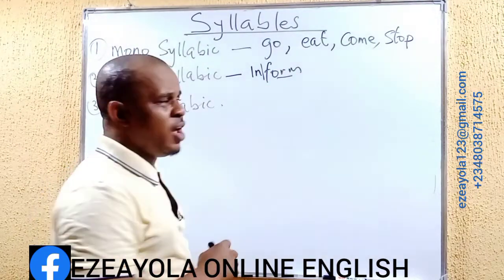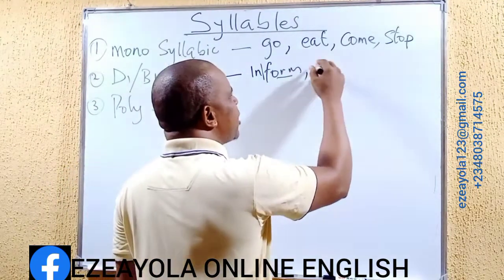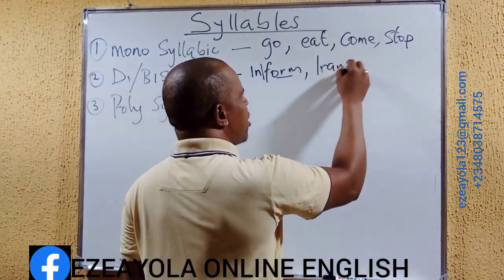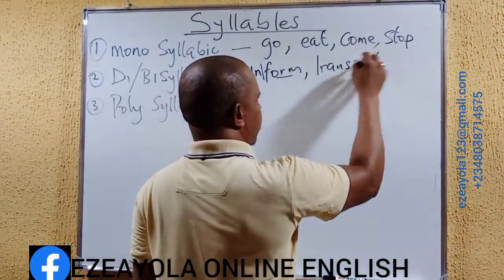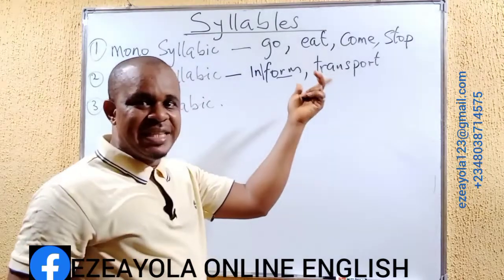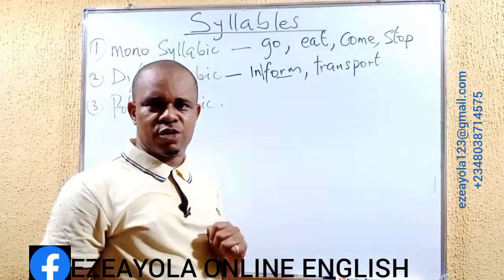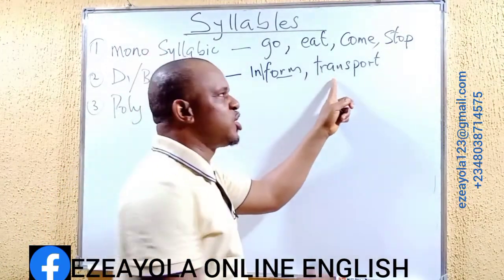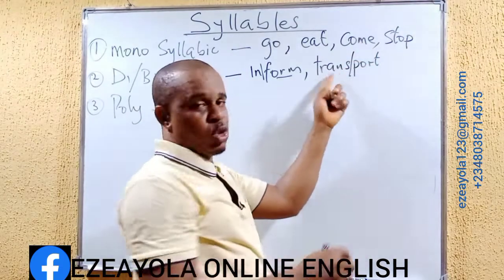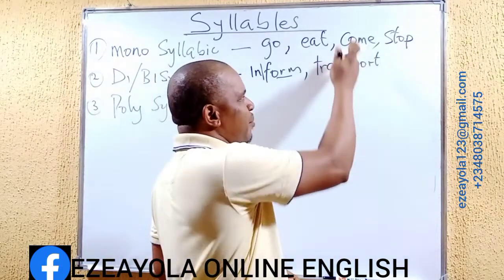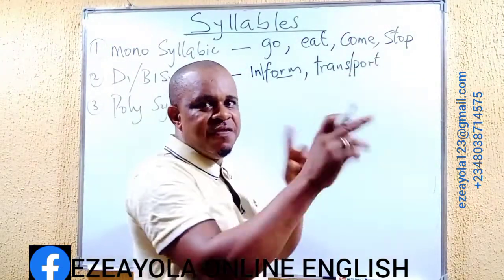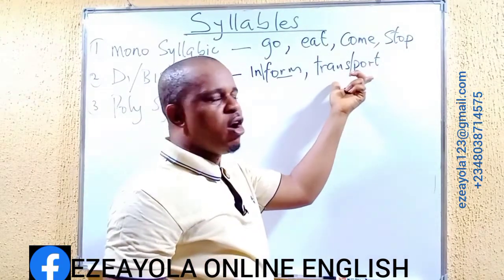form. Okay, we have something like transport. Okay, this is equally a disyllabic word, transport. And we have the trans and port. It's possible to split them into two, all right, dividing them into their various syllables.